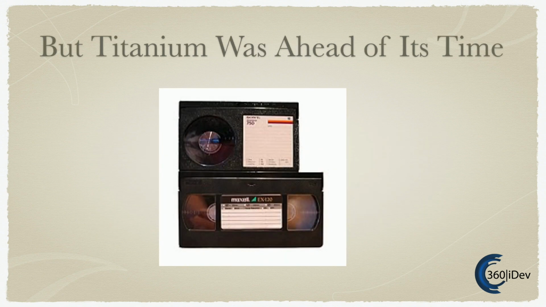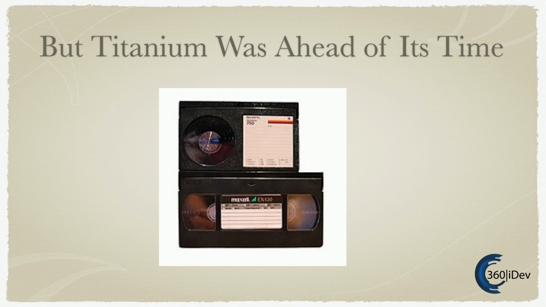But Titanium was ahead of its time. So for those of you that might be too young to recognize, that's Betamax and VHS tapes. Back in the 80s, there was a big video format war. Some people felt like Betamax was better, but of course VHS won out.